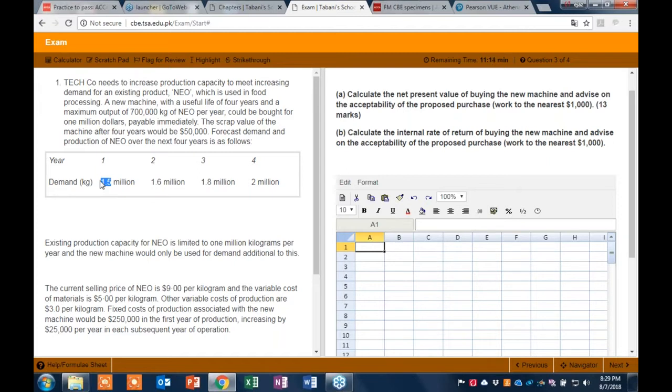Is that clear? Okay, great. So in the second year, what will be the relevant demand for the second year? And for the third year?